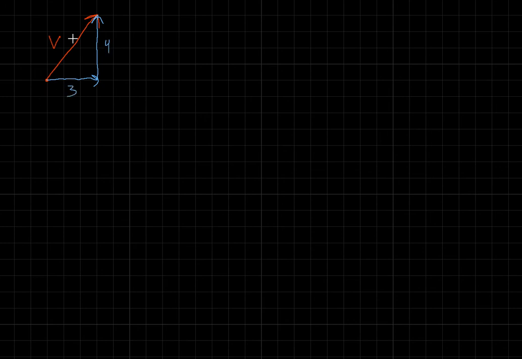If you look at this, we've actually created a right triangle where one leg is 3, one leg is 4, and the vector itself makes up the hypotenuse of this triangle. If we want to figure out the length of our hypotenuse, we're going to use the Pythagorean theorem, where our leg lengths are the x component squared plus the y component squared will give you the vector.